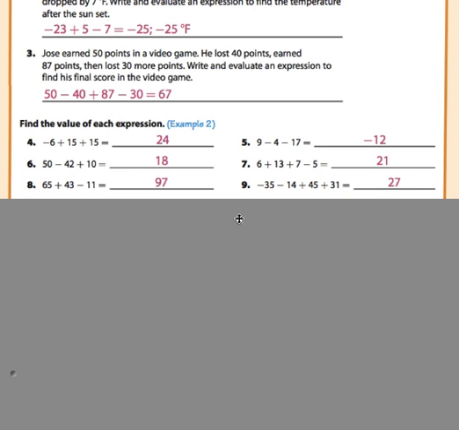Number 8, 65 plus 43, then minus 11 from that, you should have gotten 97. Number 9, negative 35, then you minus 14 from that, then you add another 45 plus 31, and then you get 27.